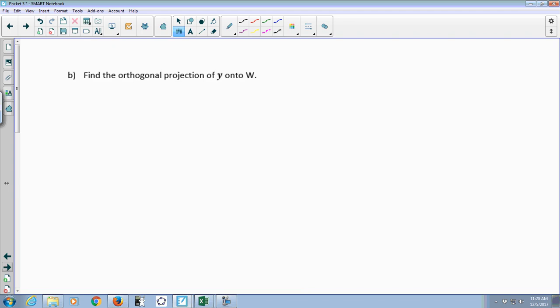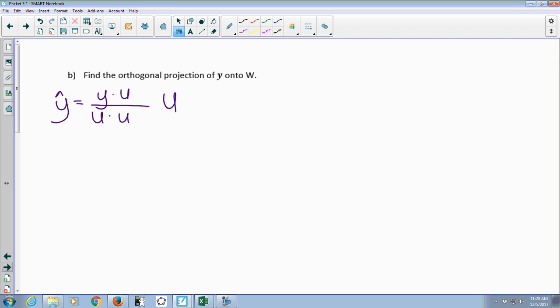The orthogonal projection of y onto W, also known as y hat. So the formula: when W was just a line, this was y dot u over u dot u times u.